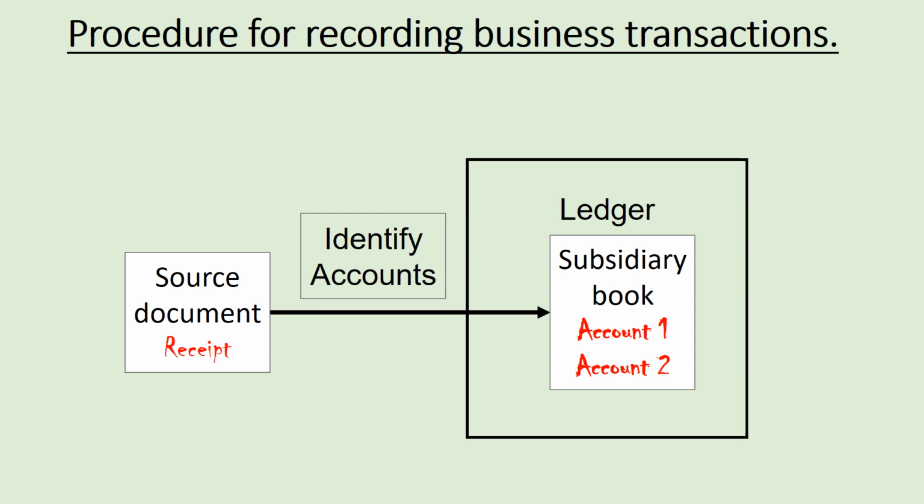So a ledger has different types of subsidiary books, each subsidiary book having different accounts. With that being said, in this video, we're going to discuss how to identify the accounts that are involved in a business transaction and how to record the amounts and the details in the identified accounts.